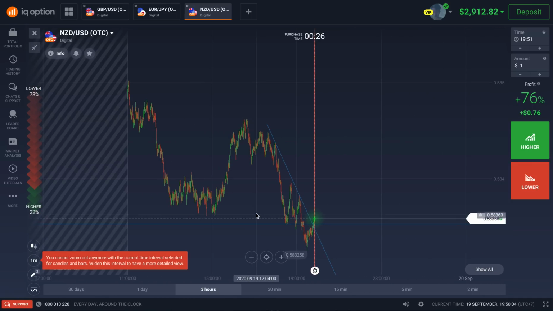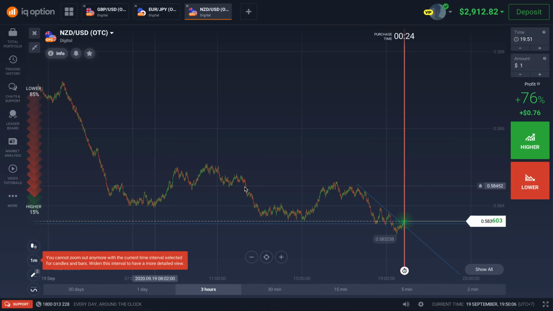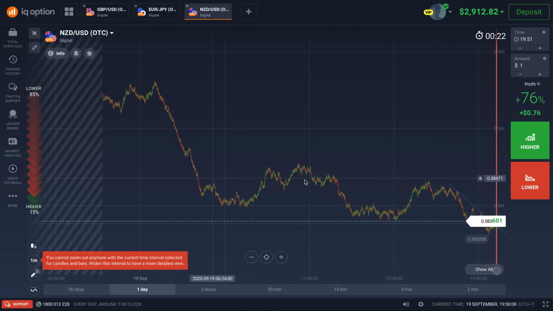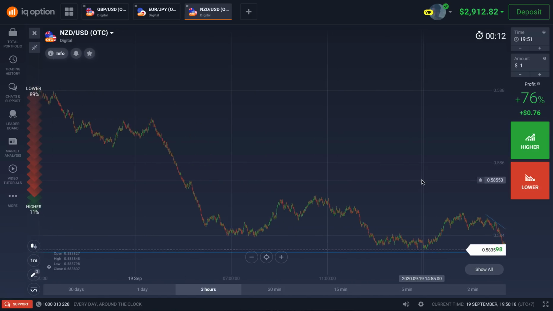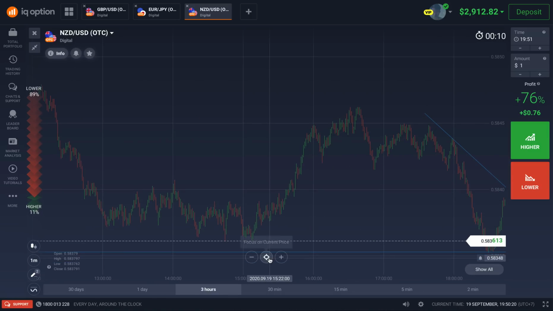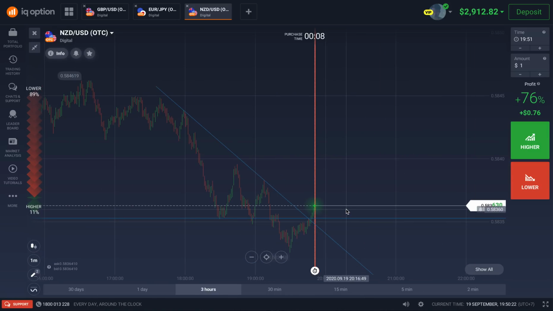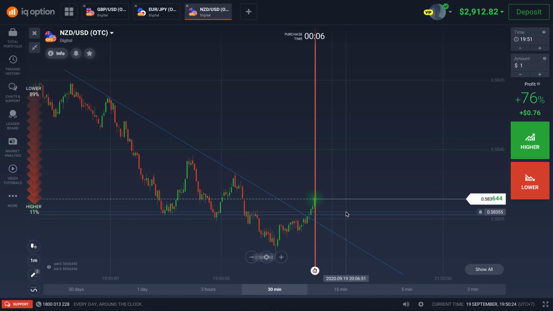Now let's check the whole graph to gain some knowledge and perspective about the OTC market. The OTC market is a mechanism, a machine of numbers that is run by computers.